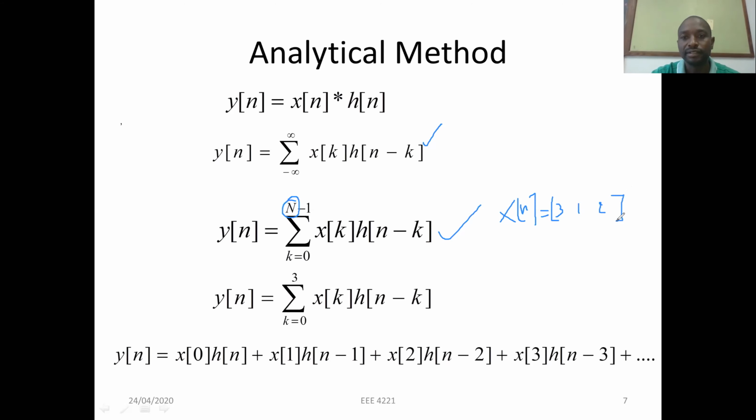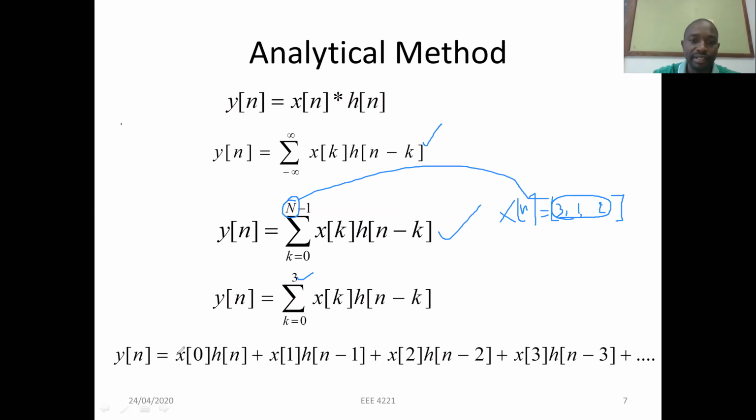So that means our capital N in this case will be the number of elements given here, which is 4, minus 1, giving 3, and that's your maximum value for k.